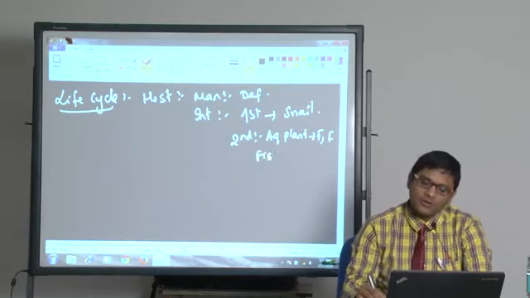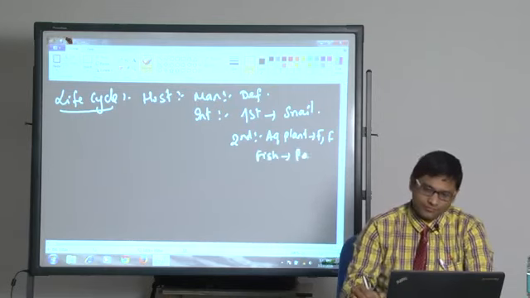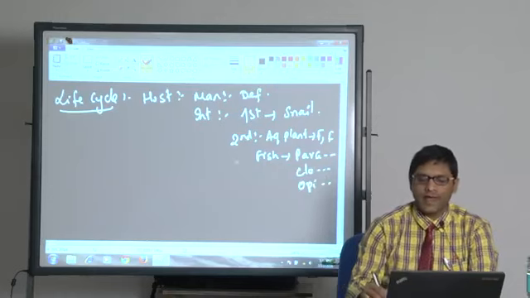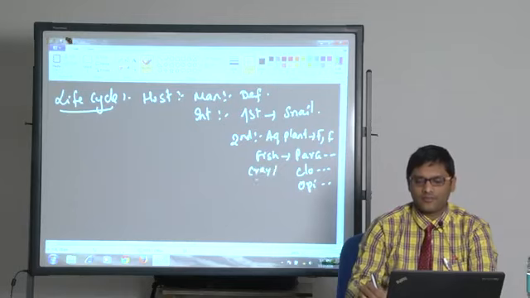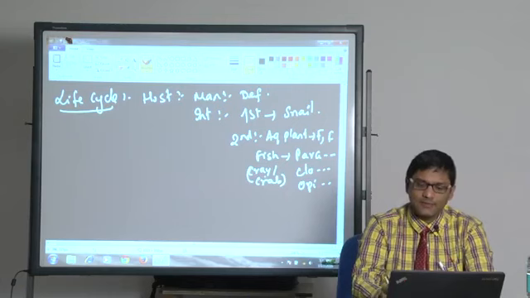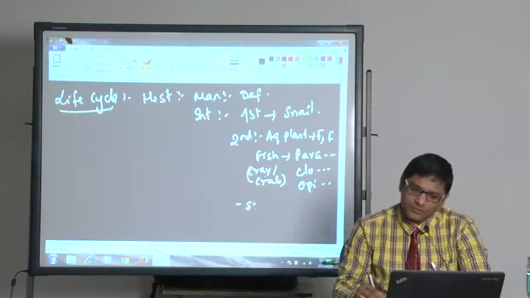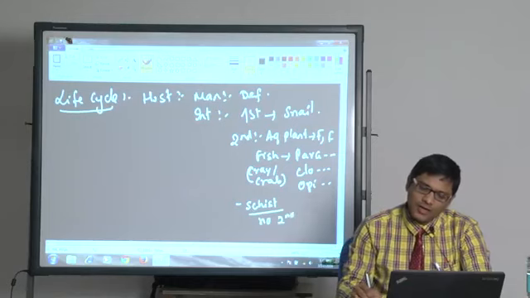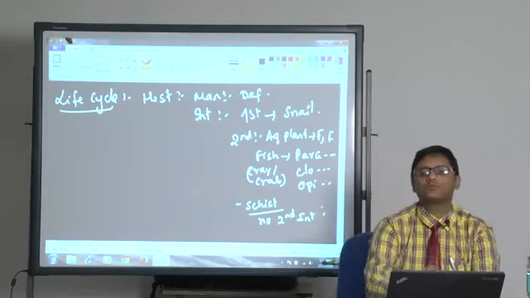Whereas the second intermediate host is fish for Paragonimus, Clonorchis and Opisthorchis, crayfish or crabfish. What is remaining? Schistosoma. For Schistosoma, there is no second intermediate host.